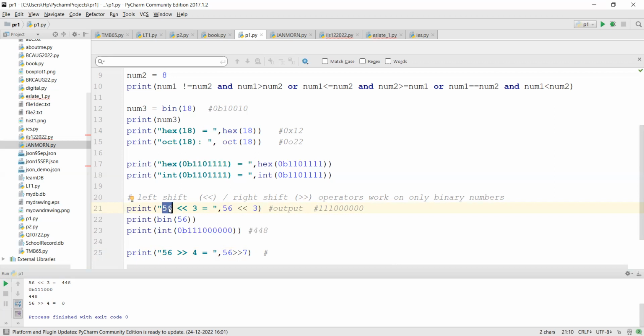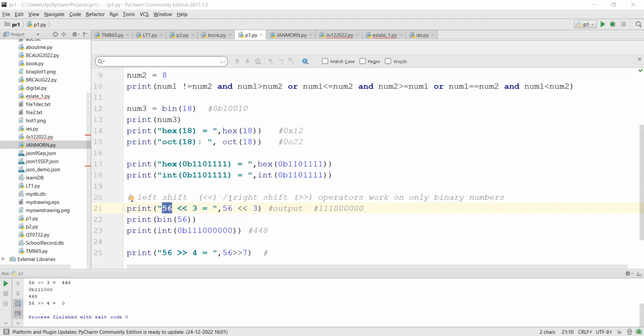When we did 56 by 10, we did not say 5.6, we said 5 only. You are dropping the value, not keeping it. So there is no decimal value here. So 56 divided by 10 is 5, not 5.6.